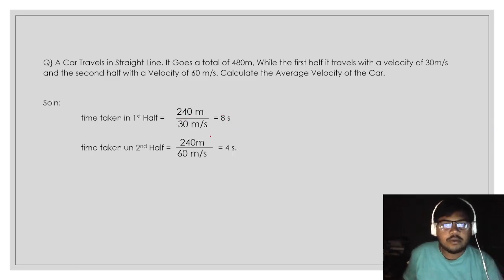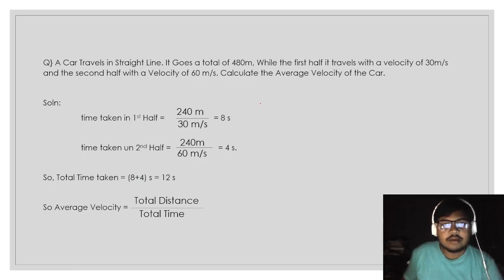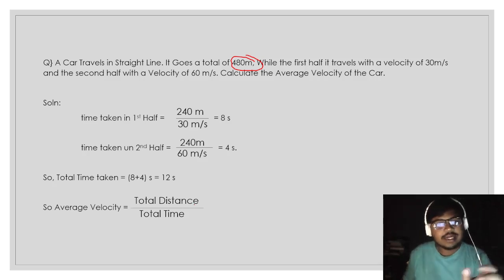For the second half, we calculate in the same way: 240 meters divided by 60 meters per second is 4 seconds. So the total time taken is 4 seconds plus 8 seconds, total 12 seconds, and the total distance traveled is 480 meters. So the average velocity must be the total distance by total time: 480 meters by 12 seconds. So the average velocity comes to 40 meters per second.